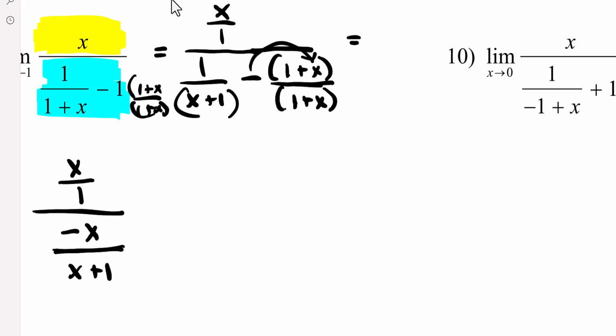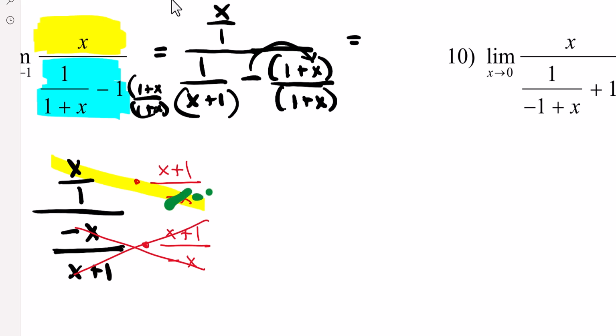So when things are combined, we don't want a fraction over a fraction, so we're going to multiply by the reciprocal. And then those cancel, but then we have to do the same thing here. Well, diagonally, that's going to cancel. Those x's cancel, leaving -1.